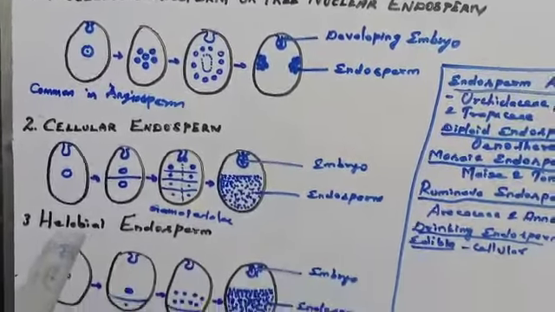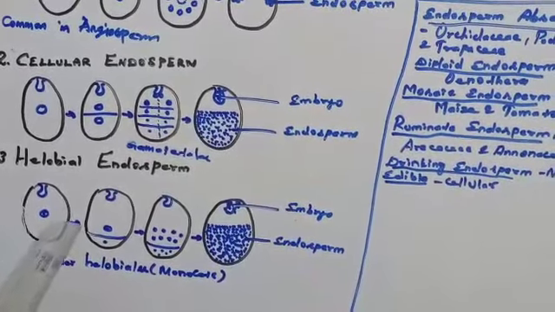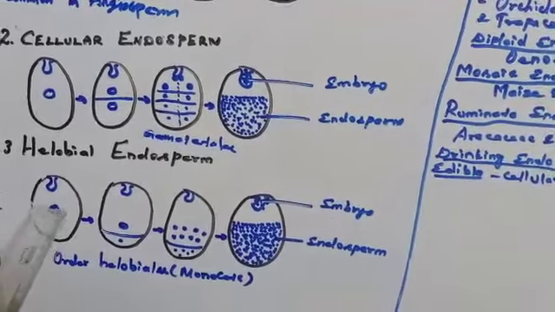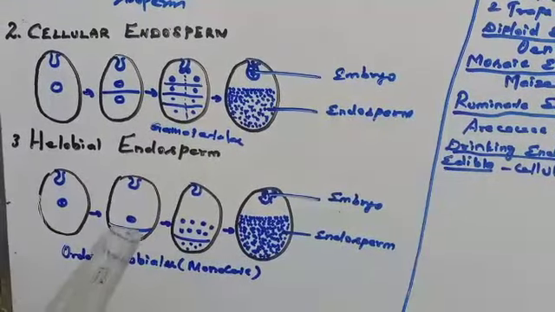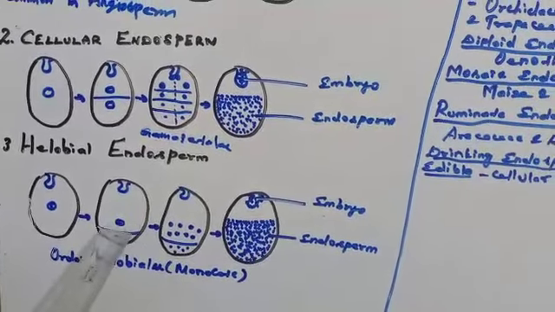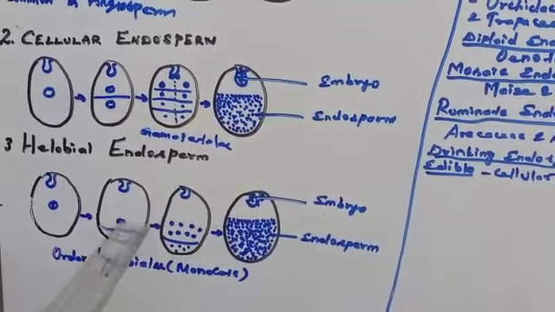Then next one is helobial endosperm. During the development of this type of endosperm, the first division of the primary endosperm nucleus is followed by unequal cytokinesis. So you can see two unequal sized cells are formed.